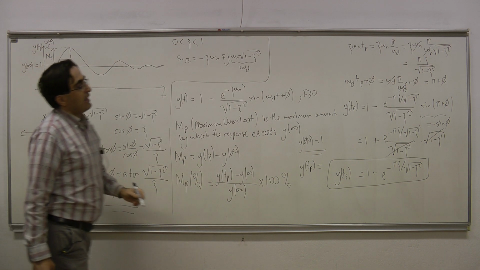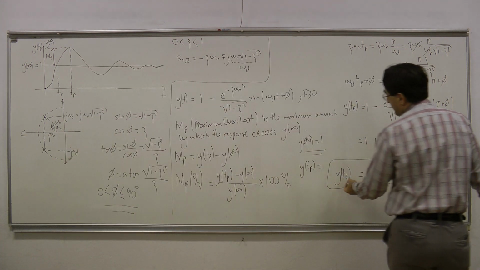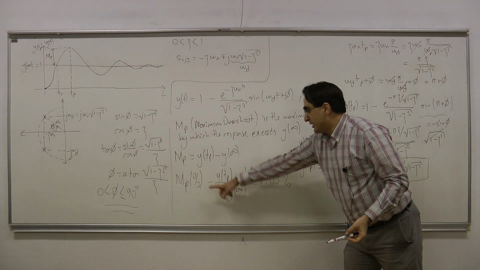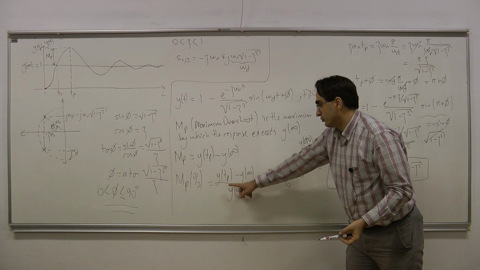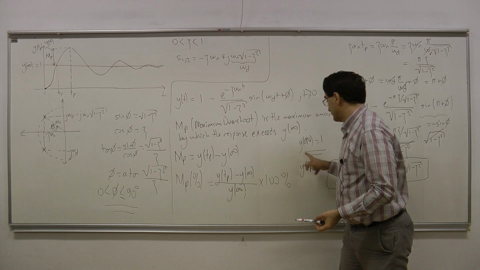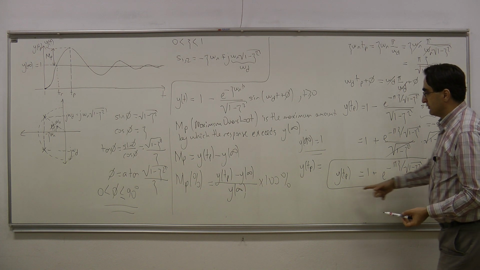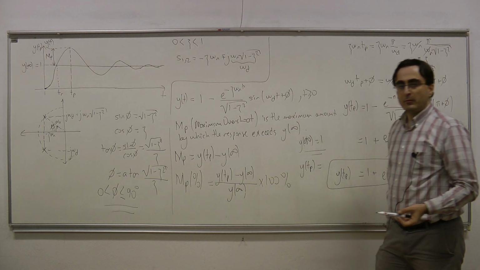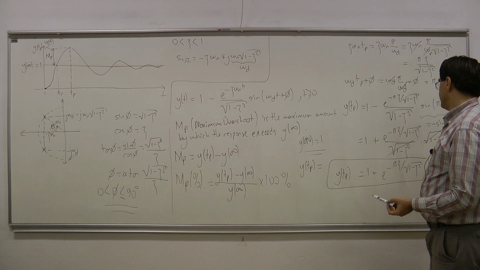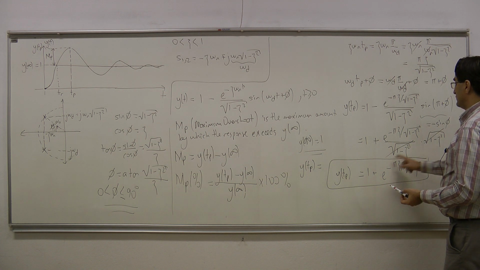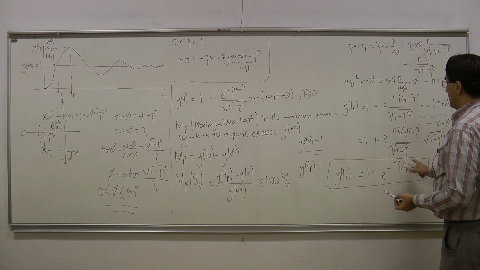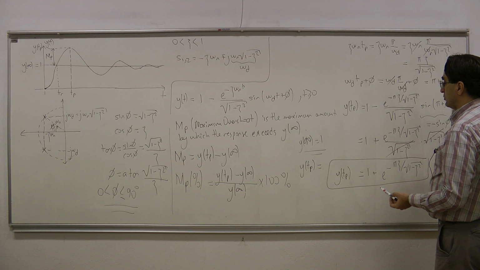Okay? And now in order to calculate the percent overshoot, for example, I need to subtract the value 1 from this. I will cancel this one, and I will divide the result by 1. And that is going to be just this number here. This number is between 0 and 1.